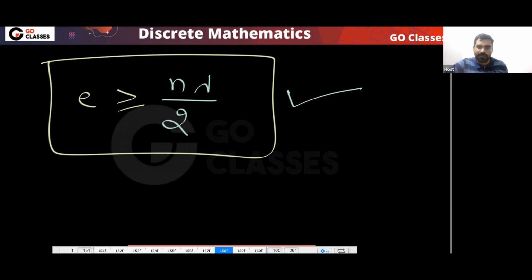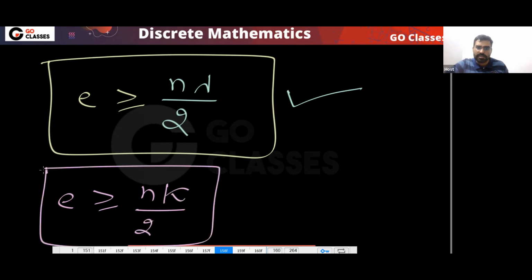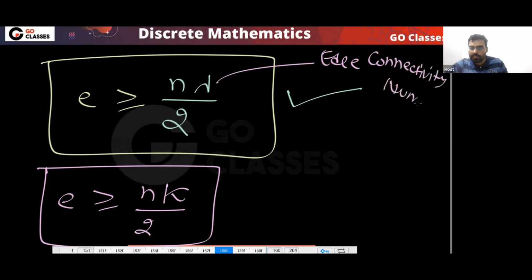Will the same thing happen for kappa? This is the edge connectivity number, and this is your vertex connectivity.